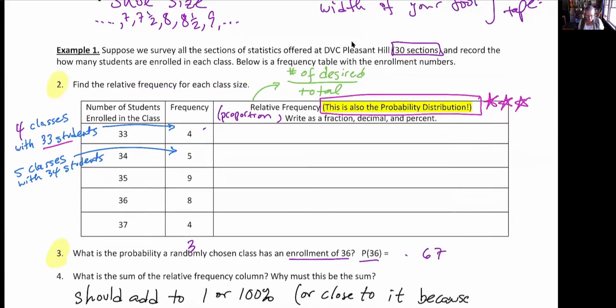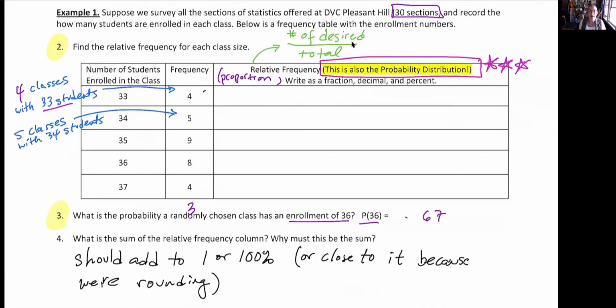Example 1 is a little bit of a confusing thing I want to make sure you're all clear about, because we're doing different kinds of probability. In lessons 10 and 11, we were doing probability using two-way tables and Venn diagrams. And now we're back to frequency tables and relative frequency. When we're talking about discrete variables, the relative frequency is the probability distribution.